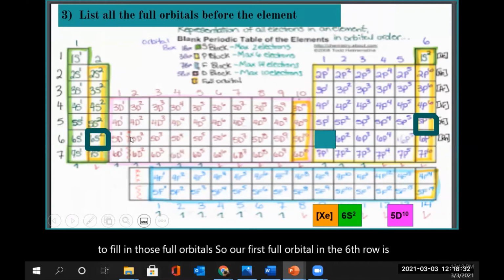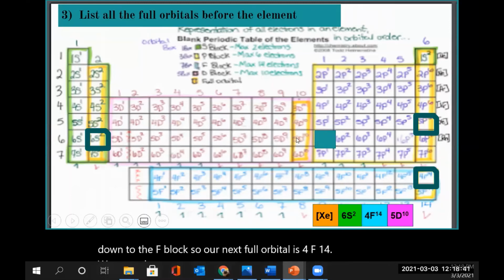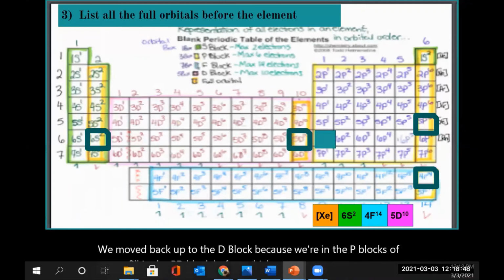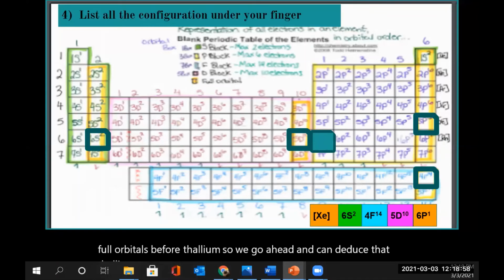Remember, going along after lanthanum, we have to jump down to the F block, so our next full orbital is 4f14. We've moved back up to the D block because we're in the p block, so we fill in the D block before it, which is 5d10. We have no more full orbitals before thallium, so we deduce that thallium's in the p block in the 6th row. 6 is also the quantum number of the p block, so it's 6p. It's in that first column, so it's 6p1.